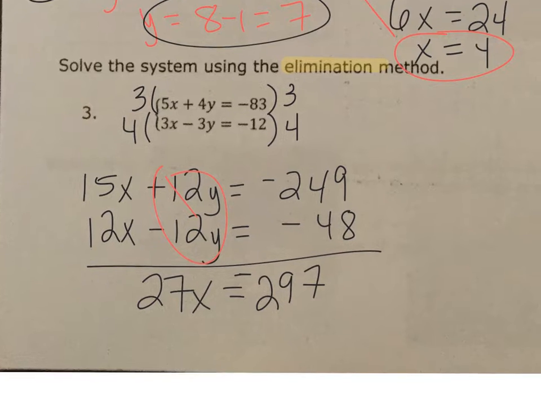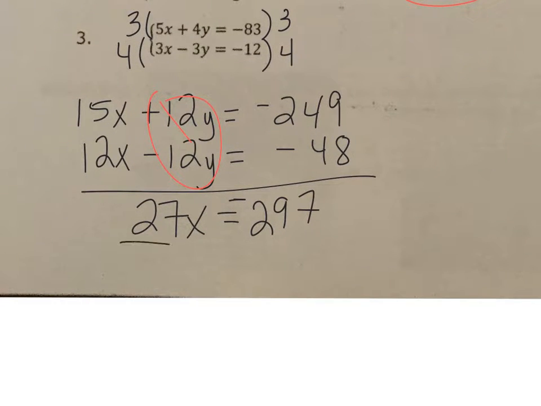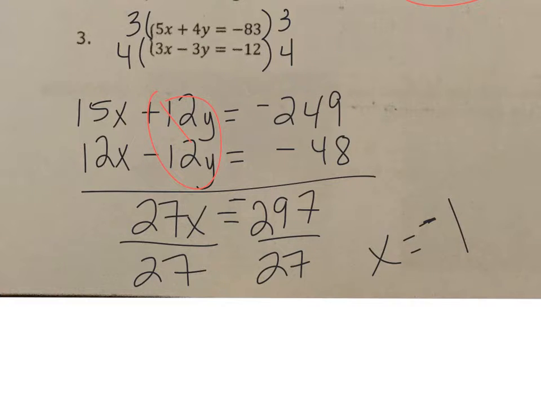When you then divide this, you are going to get x equals negative 11, I believe. Negative 27 goes into 29 once with a remainder of 2, so it goes in once again. So x equals negative 11.